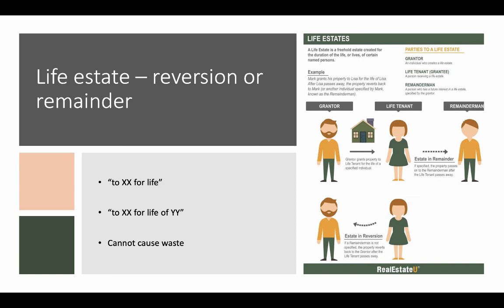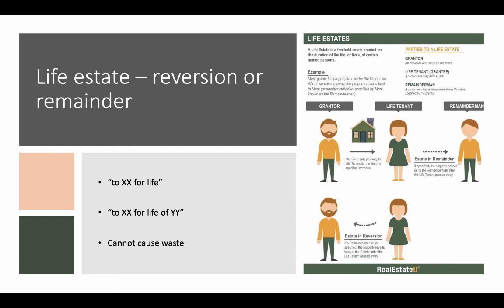So the original owner holds a reversion, but if they are going to allow the property interest to transfer to a third party when the life tenant dies, then the third party's interest is called a remainder. It's not a reversion because the third party never had it in the first place, so it can't revert to him or her. So just a couple of last examples.